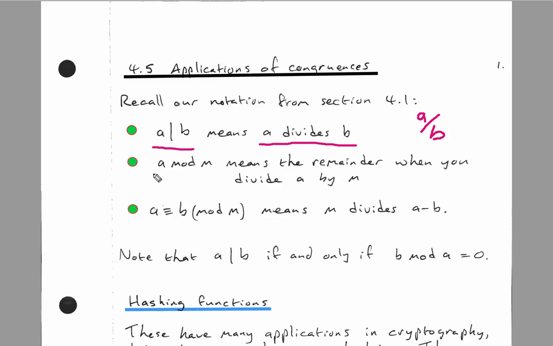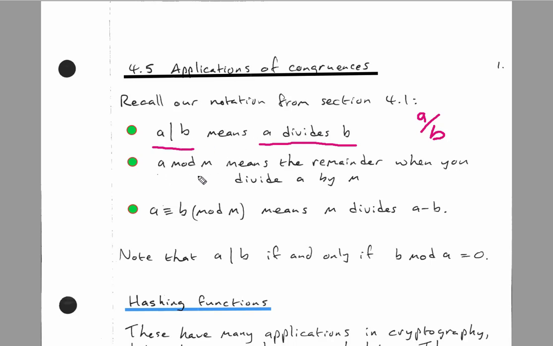We have this notation, a mod m. That means the remainder when you divide a by m. M is called the modulus here. Alright, so if you divide a by m, well, if m divides a, then there's no remainder.